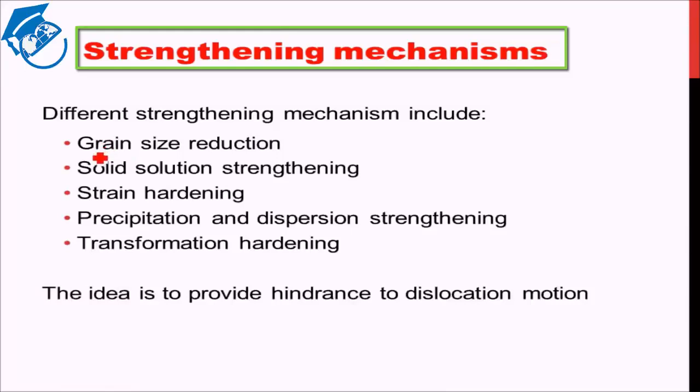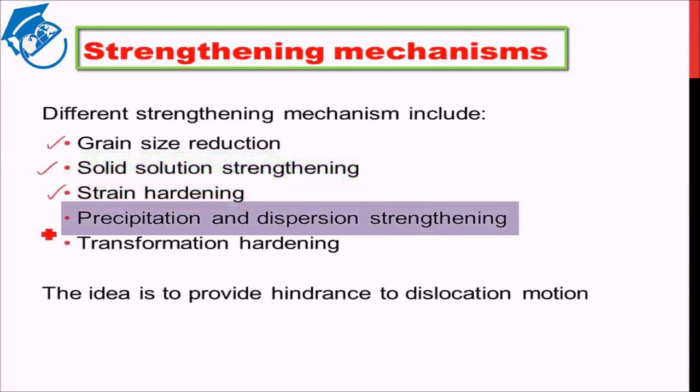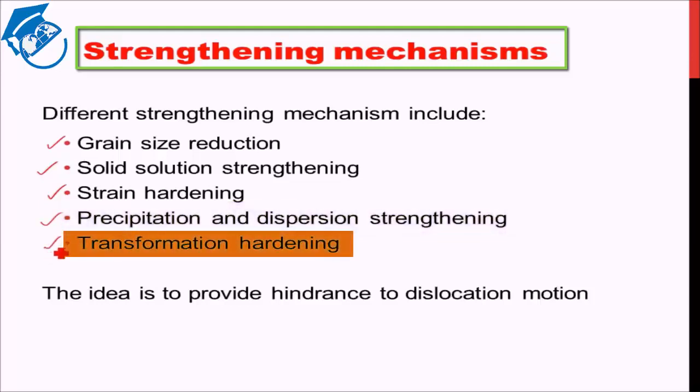What we'll study in the upcoming lectures are grain size reduction as a mechanism, solid solution strengthening, strain hardening, precipitation and dispersion strengthening, and transformation hardening. These are the different methods for strengthening that are generally used, and we'll see all of them shortly to understand what each of them means.